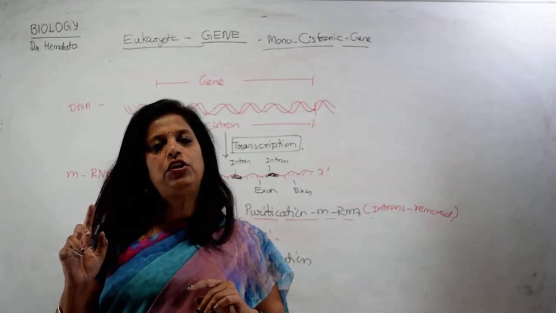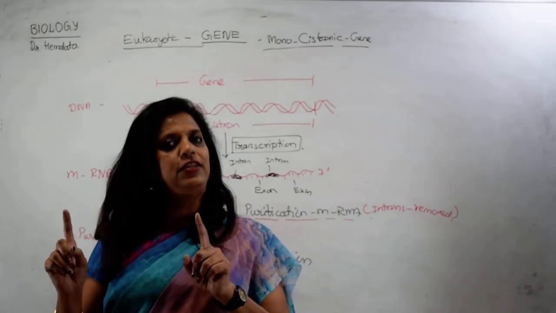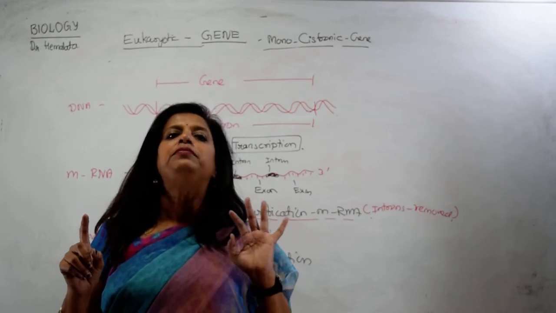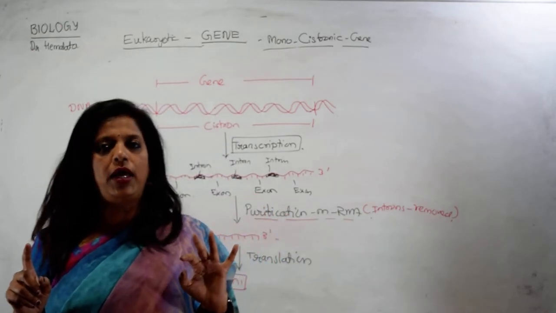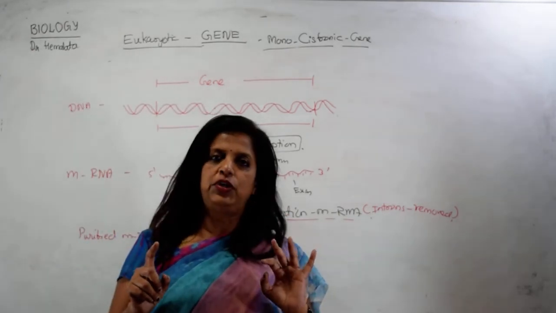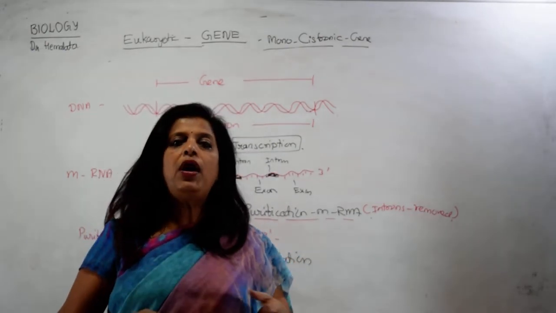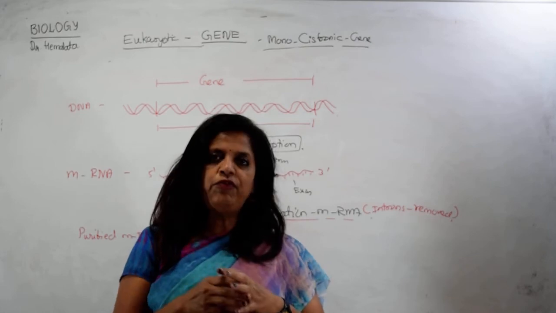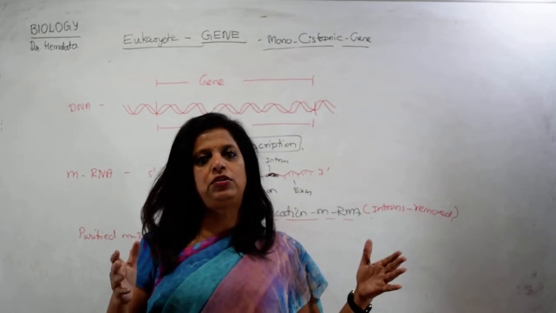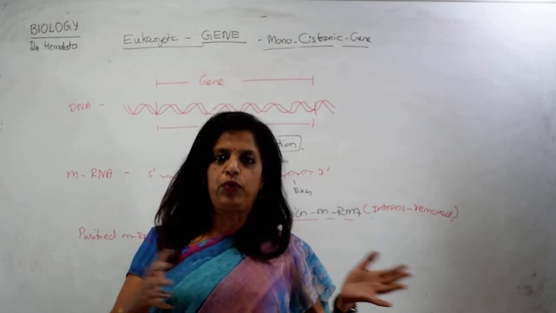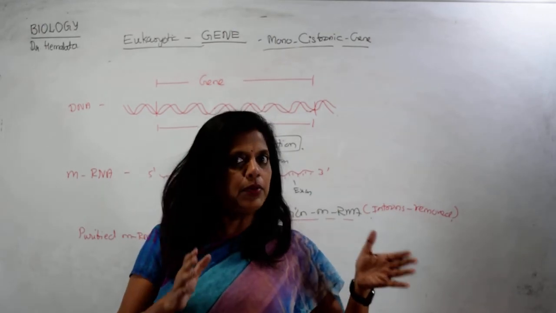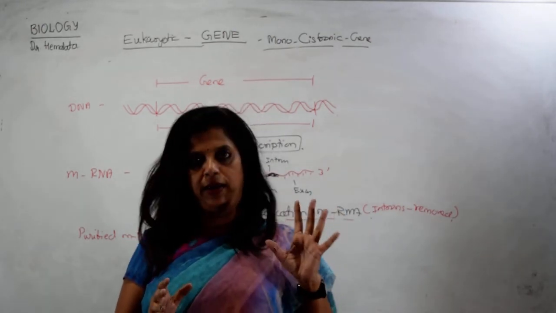In monocistronic gene, one gene consists of a single cistron. Third, in prokaryotes or polycistronic gene, whenever transcription happens, mRNA will be formed having information for all the cistrons coding for different proteins, all transcribed at a time to form one mRNA.